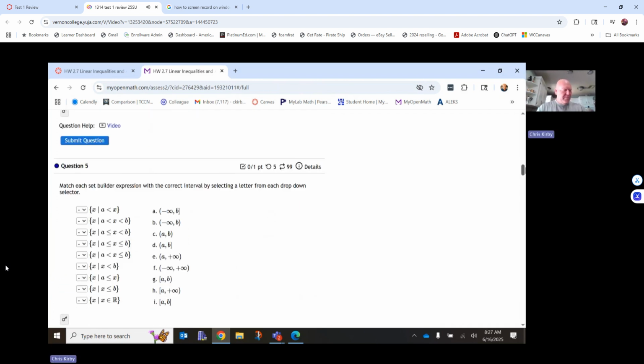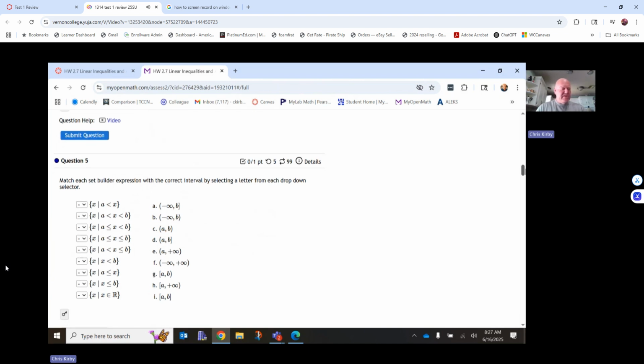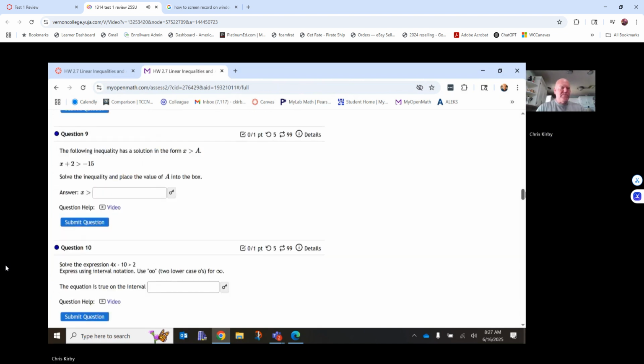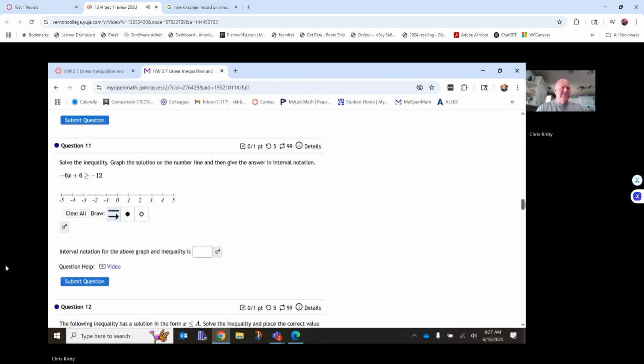Now, what will not be on the test from 2.7 is number 11. Okay, basically anything that you have to draw or graph on the test. I don't like the way the computer does those questions, so I've taken those out.